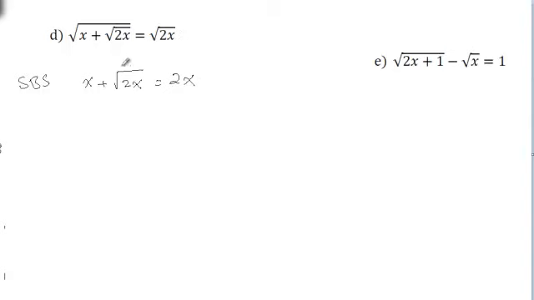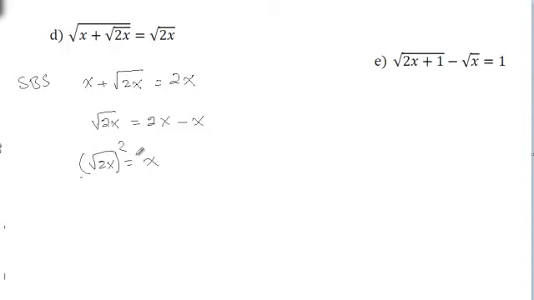Now, here we have x and a radical, and here we have 2x. As I mentioned in the first example, once you have a radical and something else with it, you have to get rid of the other part. So we have to move the x to the other side. We keep radical 2x, that's radical 2x is equal to 2x, take x to the other side, minus x, so radical 2x is equal to 2x minus x, which is x. Now, here we have a radical again, so square both sides again.